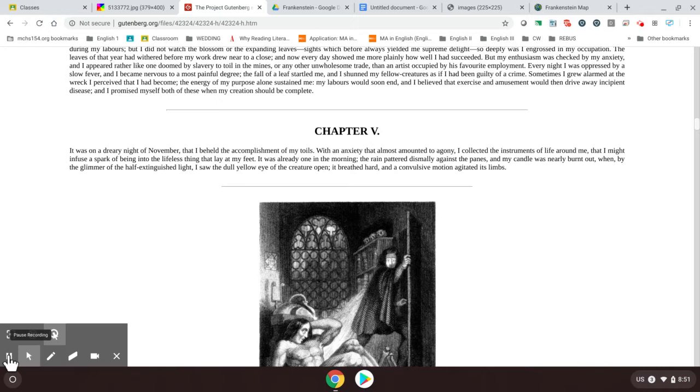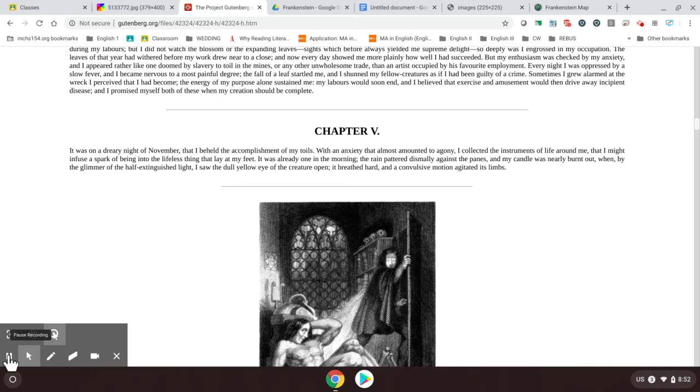So the monster is alive. He completes exactly what he wanted to do. His ambitions have come to fruition, and he has reanimated life. But throughout the next paragraphs, we see the description of the monster, and the first word that he says about this being, once it's alive, is he calls it a wretch. "Beautiful, great God." So that's definitely sarcastic.